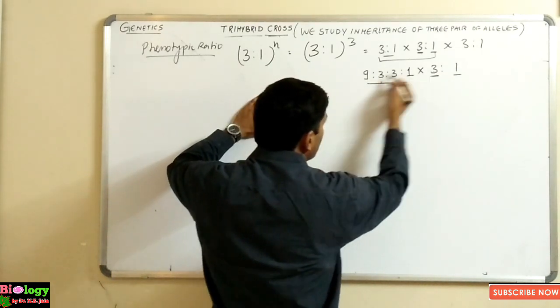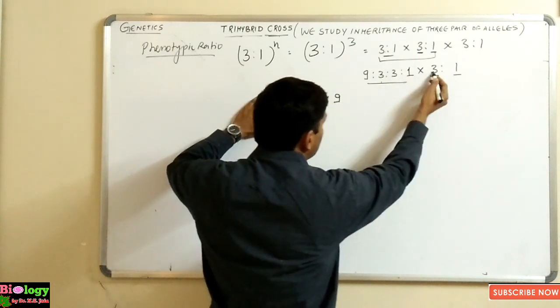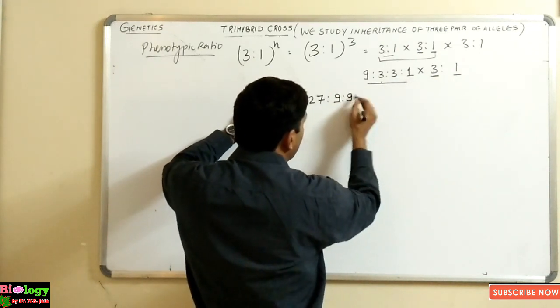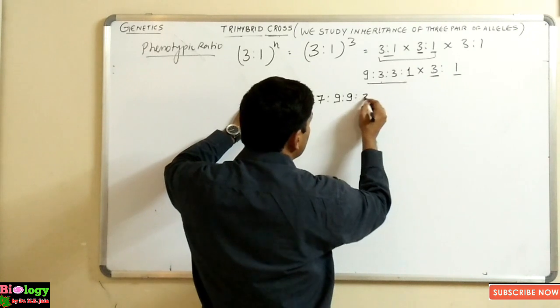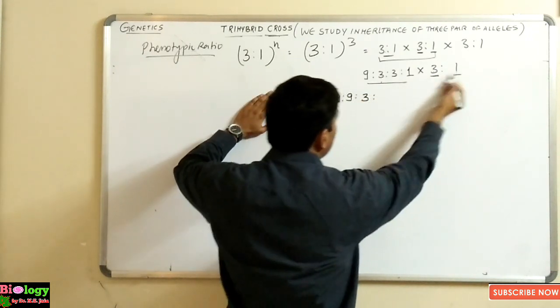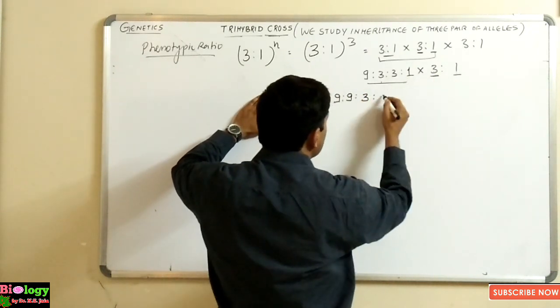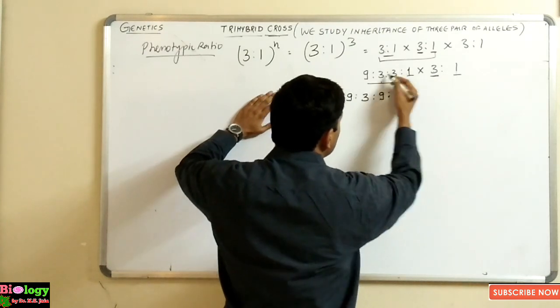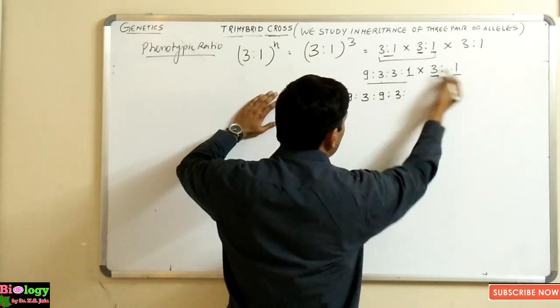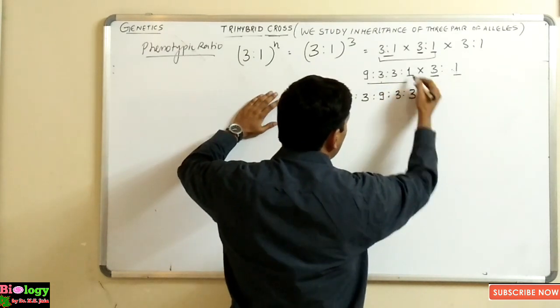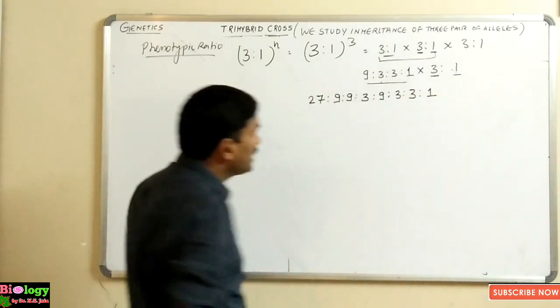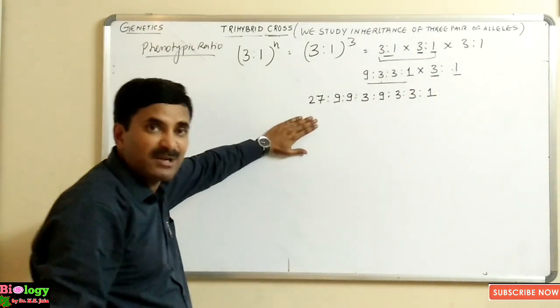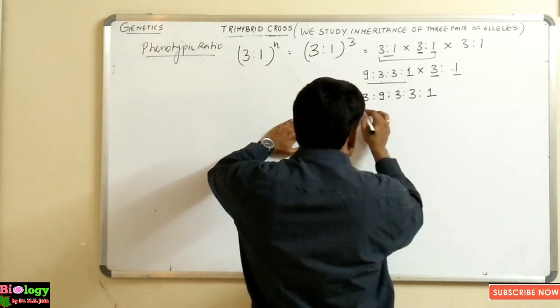Okay, 3 3s are 9, 3 3s are 9 and 3 1s are 3. Then multiply 1 with all these 4 digits. 1 9 is 9, 1 3 is 3, 1 3 is 3, 1 1 is 1. Okay, we can also rearrange this ratio like this.